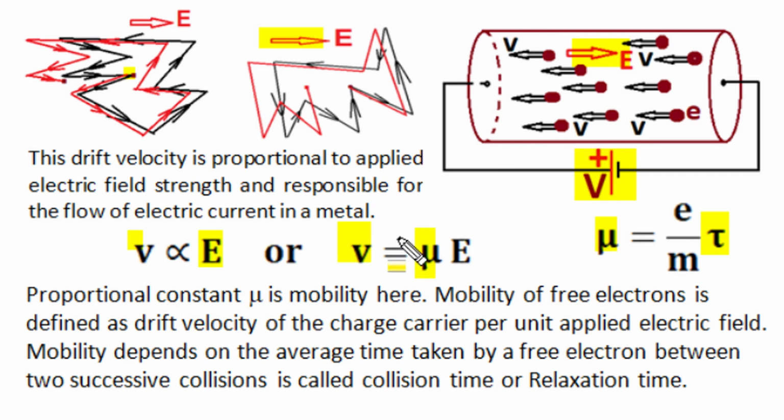So we can say this mobility depends upon the average time taken by a free electron between two successive collisions, and this time between collisions, the relaxation time, depends upon the nature of the material, its purity level and mechanical workmanship. A pure annealed metal will have a higher relaxation time or mobility.